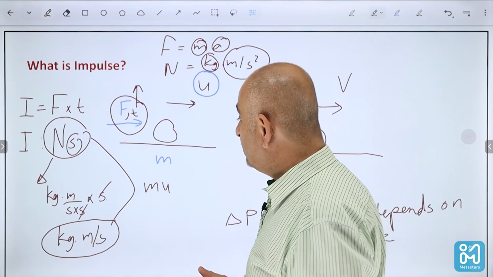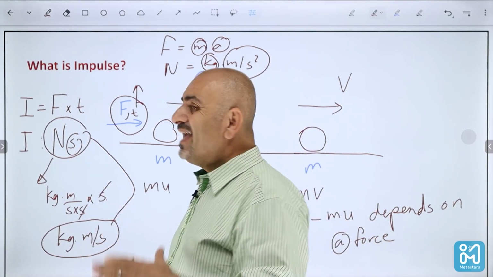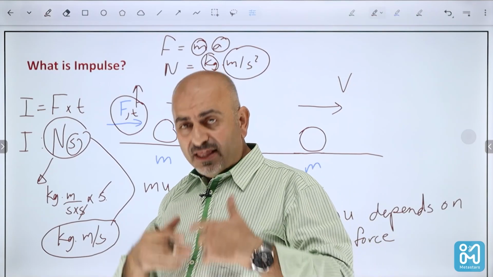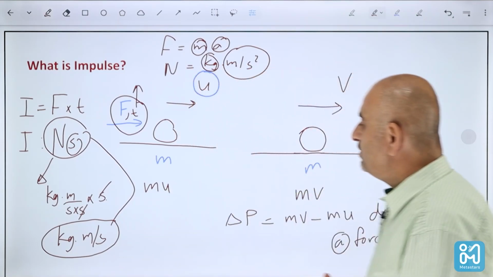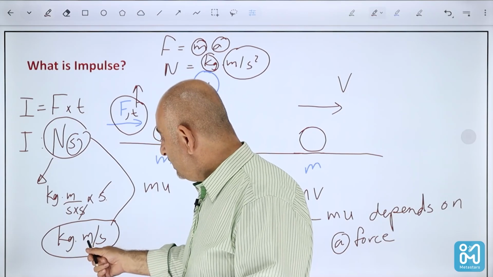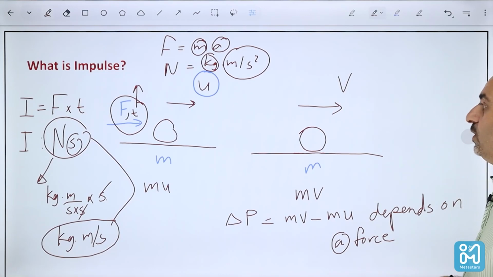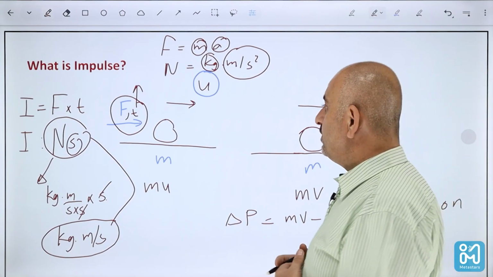So the unit of momentum is kilogram meter per second, the unit of impulse is Newton seconds, and they are actually the same unit, because they consist of kilogram meter divided by seconds, or per second.